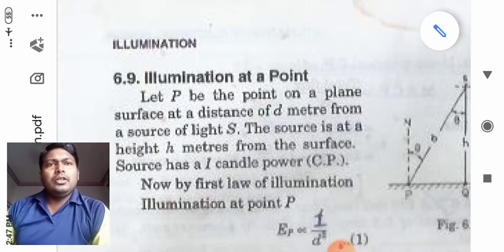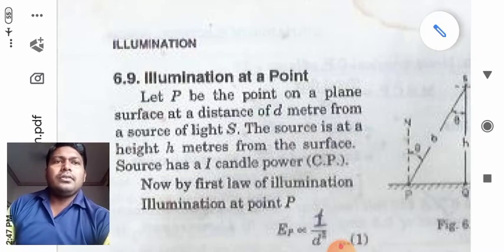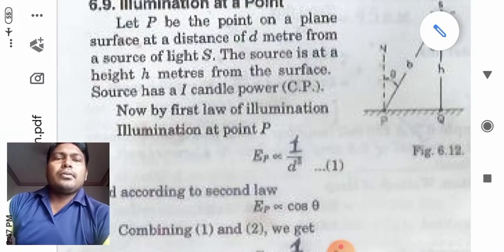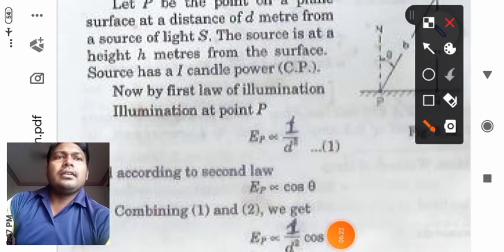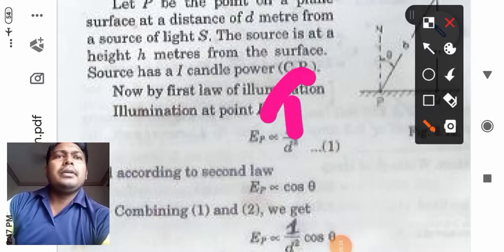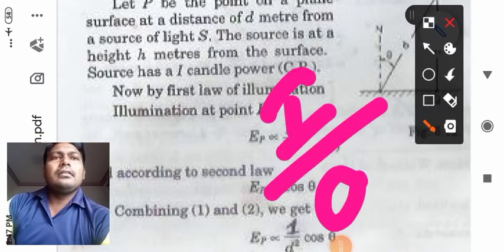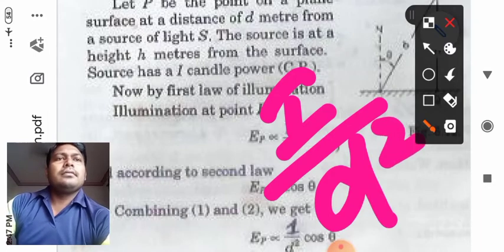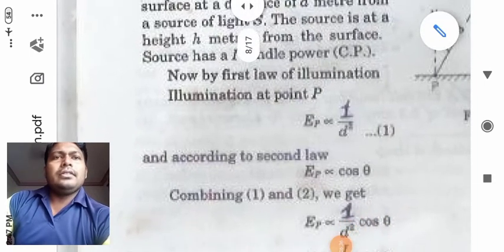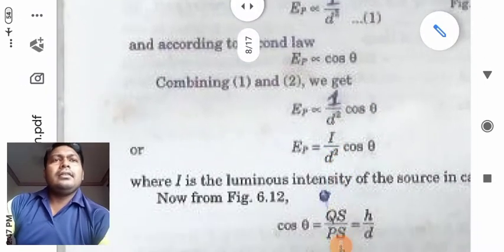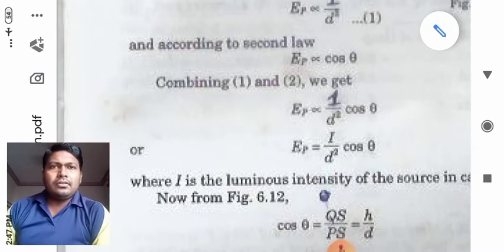By the first law of illumination, which we have already discussed in our previous class, illumination at a point P is proportional to I divided by d square. It has been written as 1 by d square, mistakenly, so you can correct it. It is I divided by d square. Now according to the second law, Lambert's cosine law, Ep is proportional to cos theta.